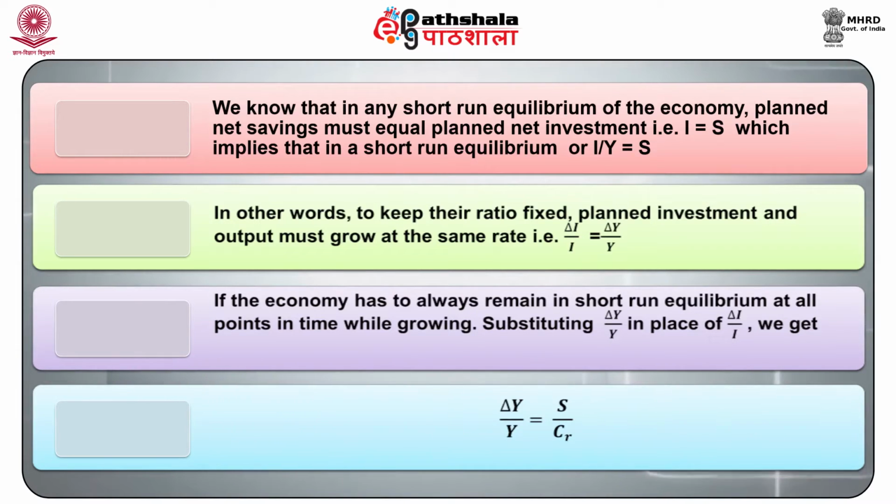In other words, to keep their ratio fixed, planned investment and output must grow at the same rate, that is delta I upon I is equal to delta Y upon Y. If the economy has to always remain in short-run equilibrium at all points in time while growing, substituting delta Y upon Y in place of delta I upon I in equation 3, we get delta Y upon Y is equal to S upon CR.